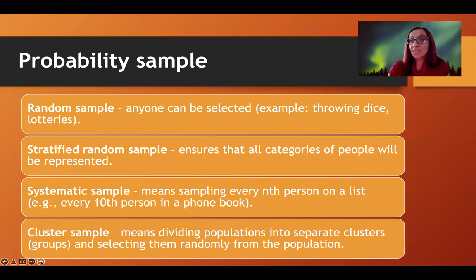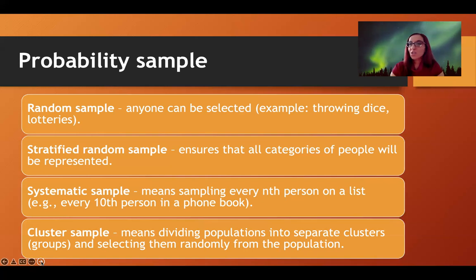design a sample. Then systematic sample, you open that phone book and you decide that you're gonna sample every 10th person on that list. And cluster sample means that you could divide population into separate clusters and then select them randomly from the population.